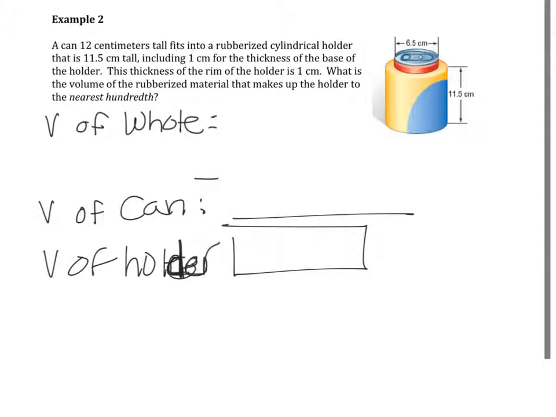So the volume for the whole is pi times a radius of 4.25 squared times 11.5. So how did I get 4.25?